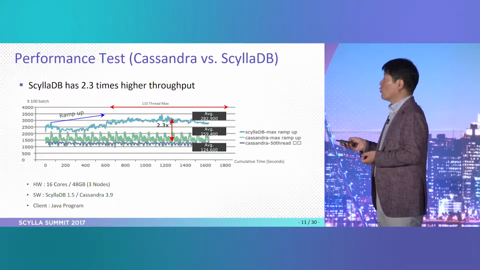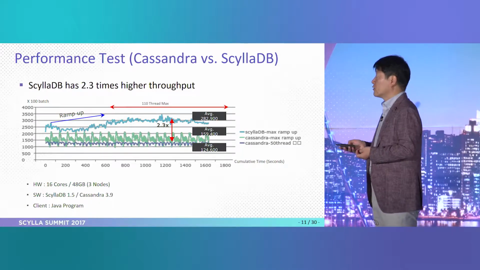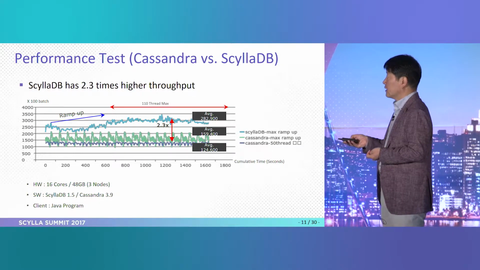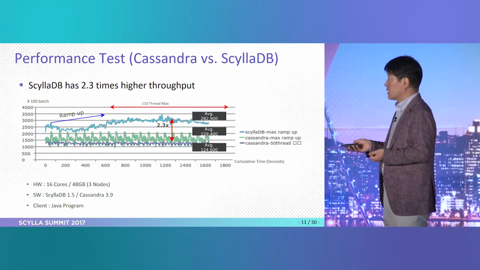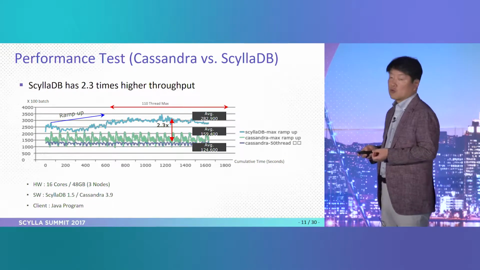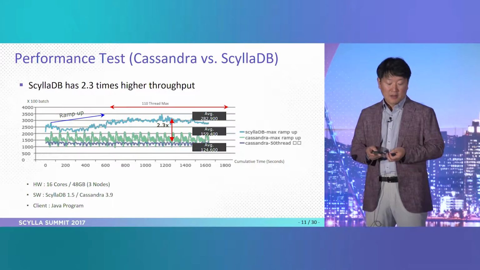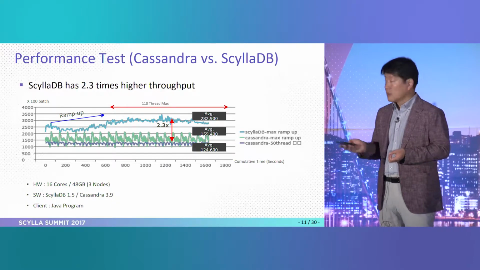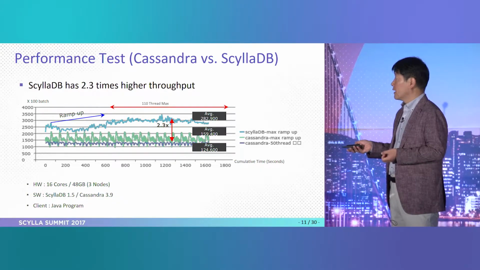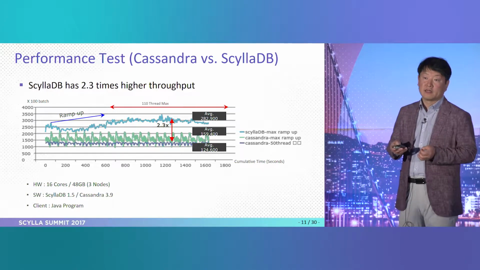Scylla has more than 2.3 times higher throughput, as you can see here. At the time, we tested ScyllaDB 1.5 against Cassandra 3.9. The cluster is 30 nodes, and we developed a Java program as the client modules.